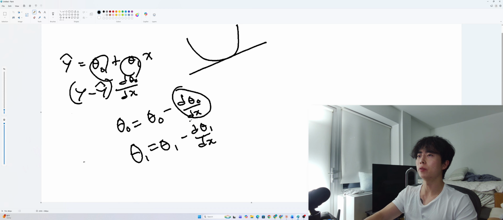This partial derivative tells the direction of which way we need to go. But then we don't know how many steps we have to take to go down into this bowl. This is a bowl shape, and this line represents error.